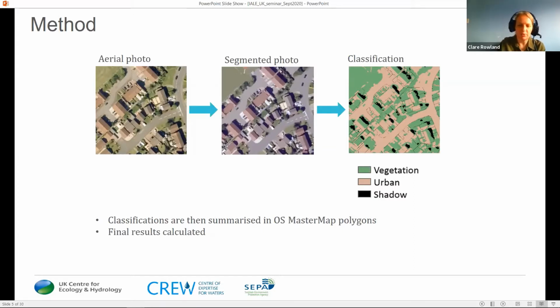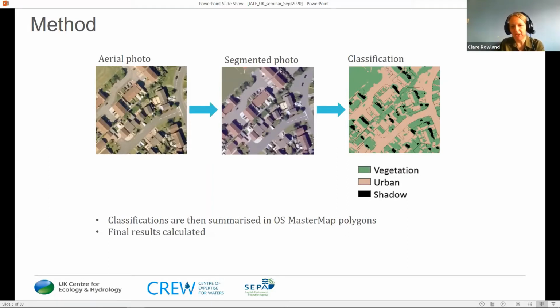So in this case, we did some contrast enhancement to the aerial photography, and then we segmented the photography into areas that looked very similar. And then we applied an image classification. Image classification is where you identify areas of vegetation or urban areas. So you draw polygons around them, then you train an image classification algorithm. And you run that to produce your classification.